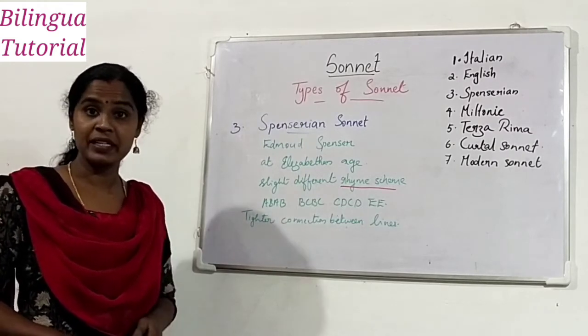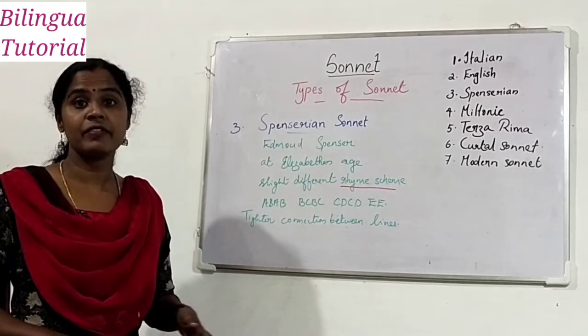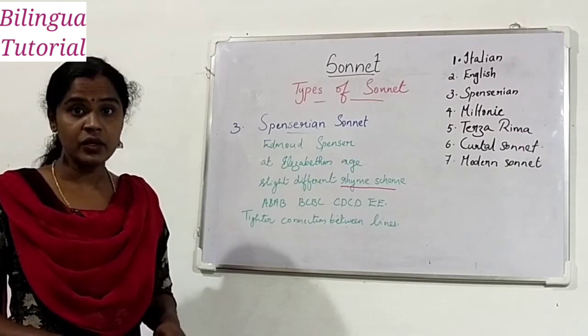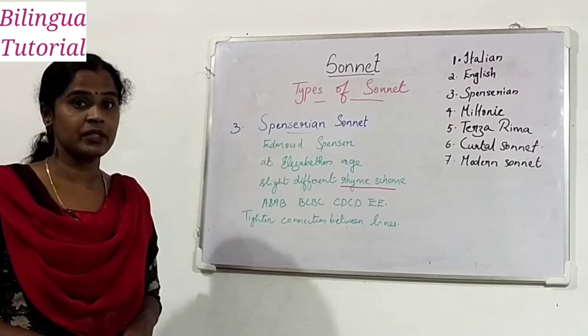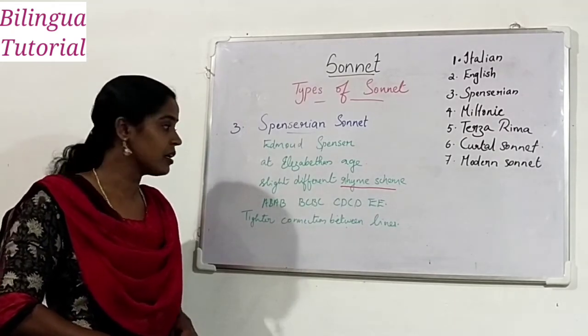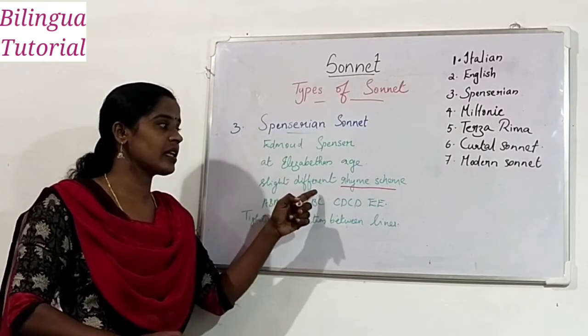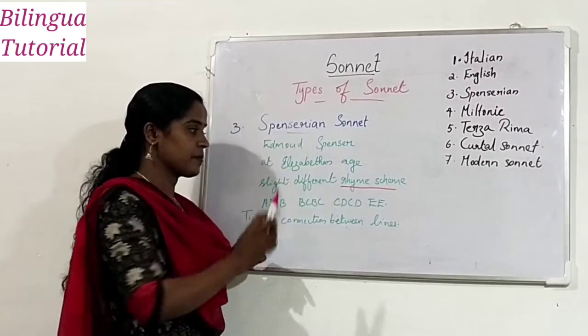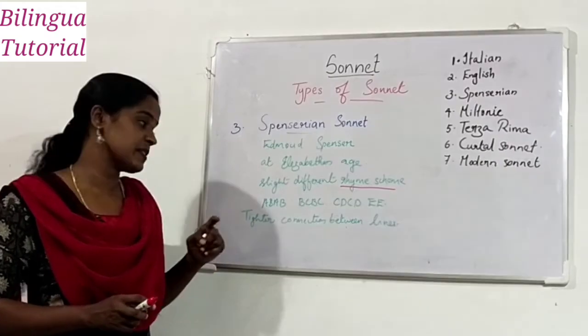Edmund Spenser developed a different style of sonnet by himself, and he was there at the time of the Elizabethan era. So he was along with Shakespeare, but a slight difference was there in Spenser's rhyming scheme.